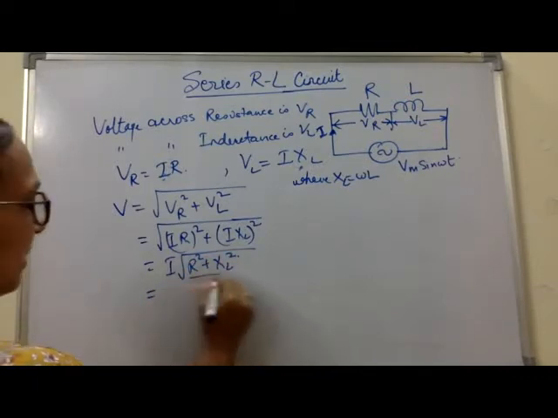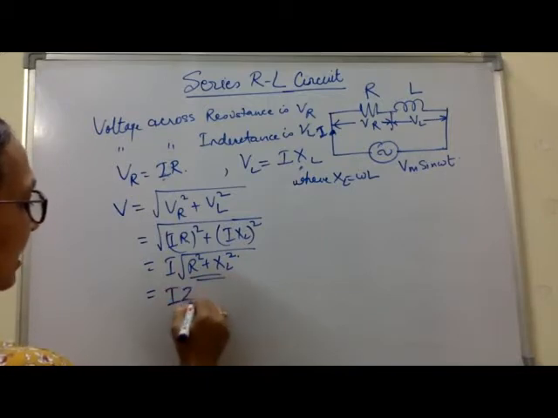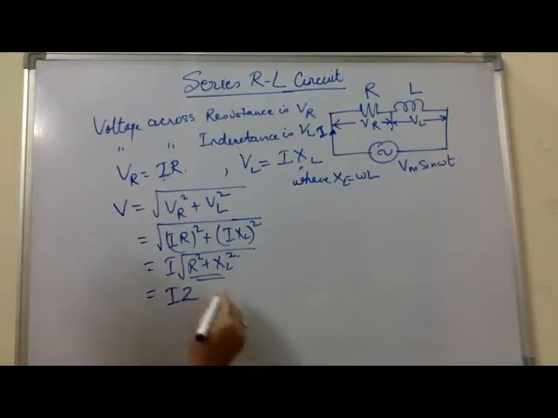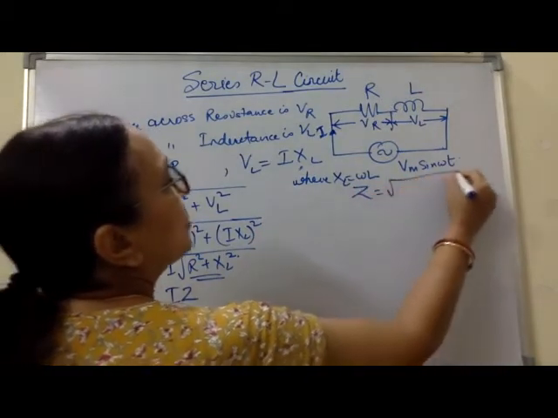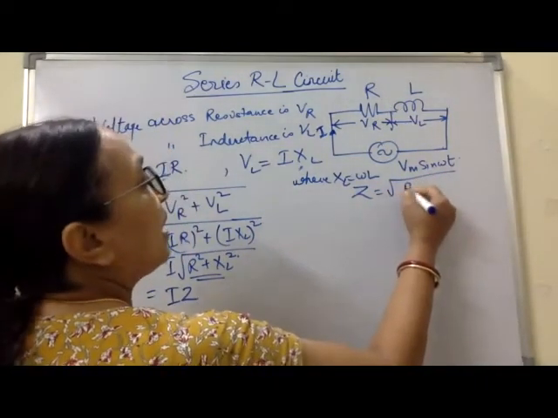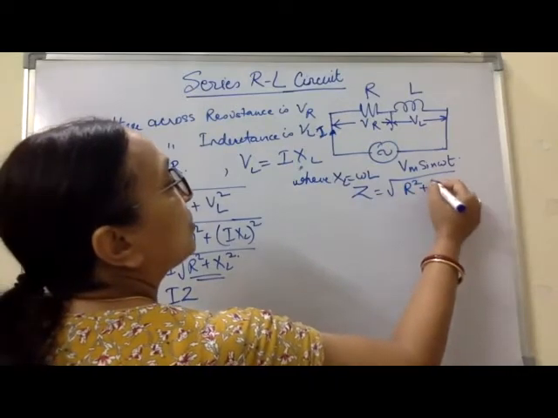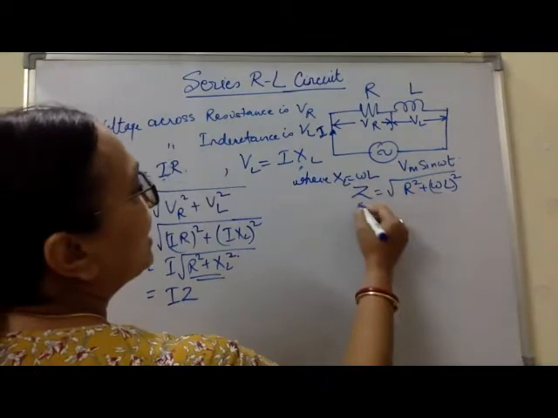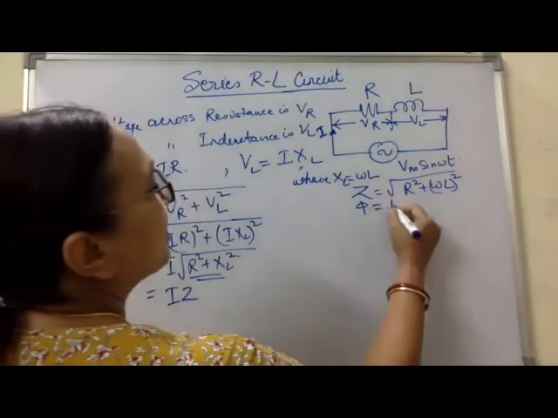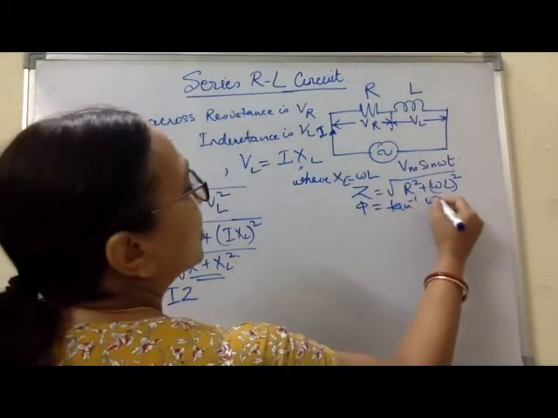And this is nothing but the impedance of the given circuit. So over here, the impedance of the given circuit Z is equal to under root of R square plus omega L whole square, and the angle of the impedance will be given by tan inverse omega L by R.